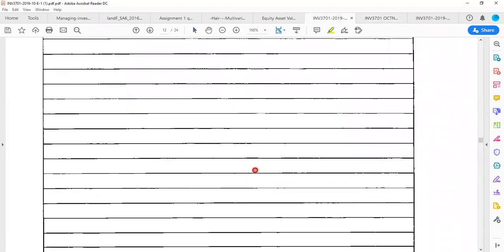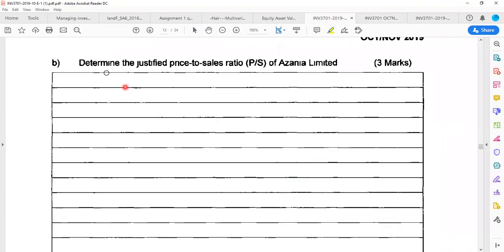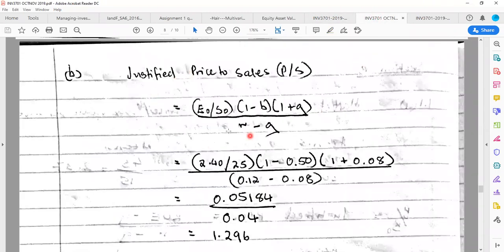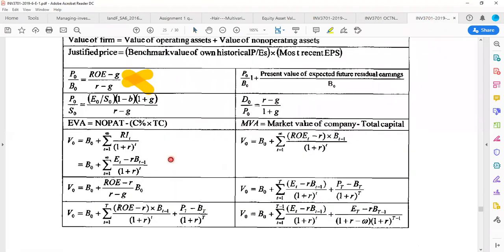Part B goes on to say, determine the justified price to sales ratio for Azania Limited. So the formula for the price to sales based on forecasted fundamentals, or the justified price to sales, is also given on your exam paper. Here it is.